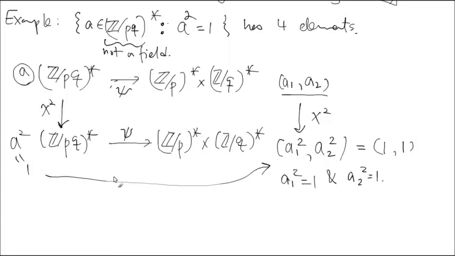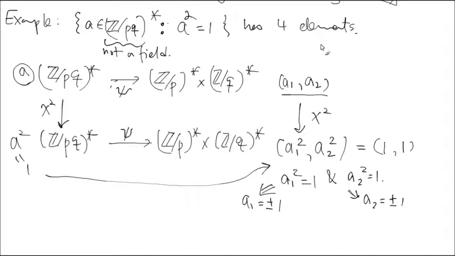So can you come up with the two elements in here, at least? A1 plus or minus 1 here, right? Separate. And this guy? A2 plus or minus 1. But actually, plus or minus 1 in Z mod p and plus or minus 1 in Z mod q is the only solution. Why is that?